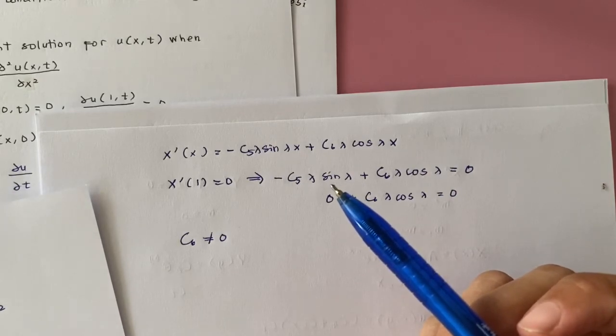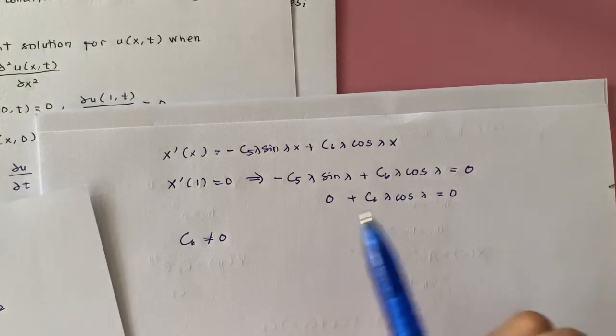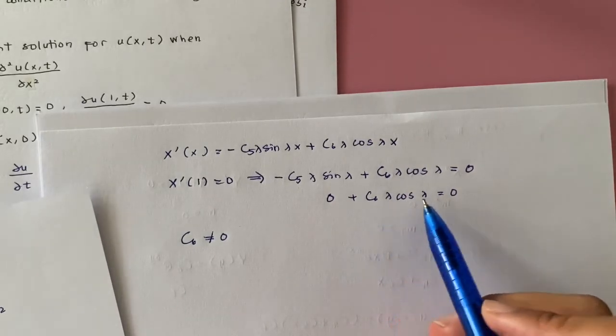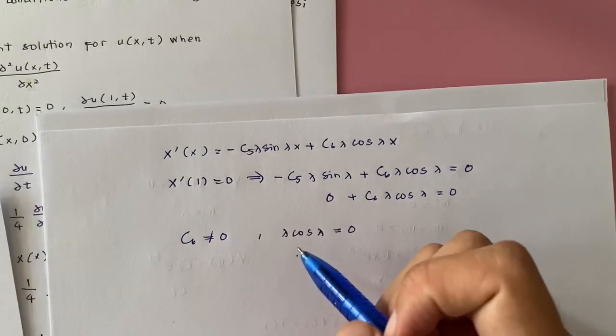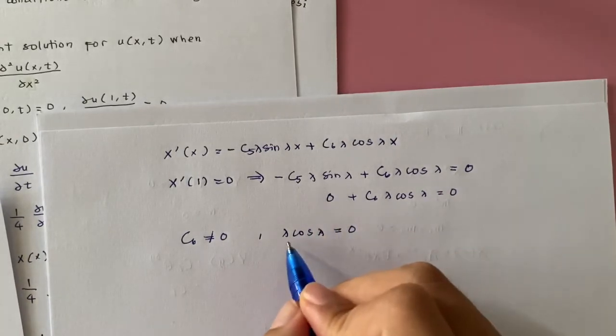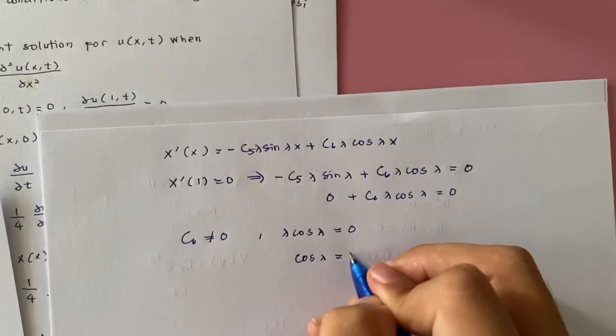So there is no use to do all these three cases. The first thing you need to do is to make sure that c6 is not equal to 0. So since c6 cannot be equal to 0, lambda cos lambda should be equal to 0. So for this one, we just focus on cos lambda equal to 0.